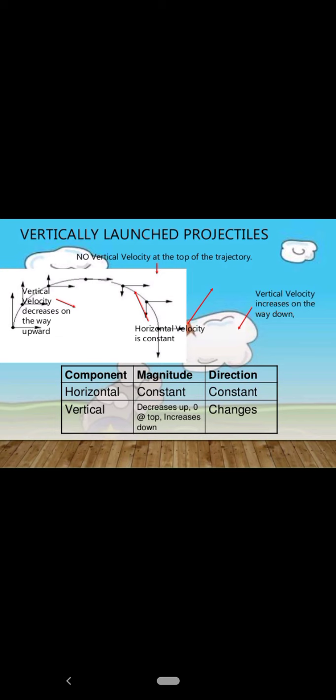There is no vertical velocity at the top of the trajectory. For the horizontal components, magnitude and direction remain constant, and for the vertical component, the magnitude decreases going up and increases coming down, and the direction also changes. So let's discuss in detail the vertically launched projectile.